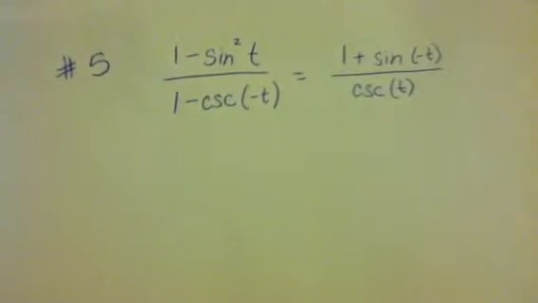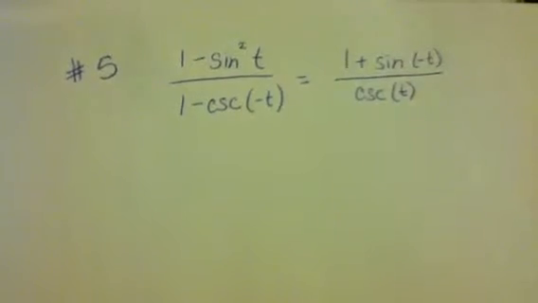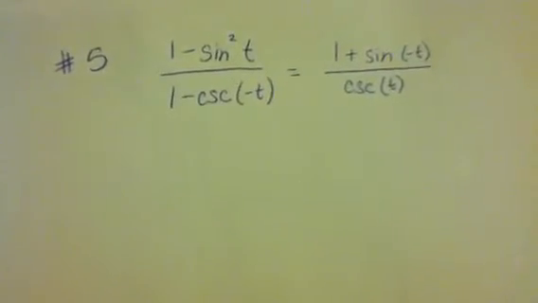So, anyway, let's go ahead and start working on the left side first. Right off, I'm not going to do anything with the top of the fraction first. I'm just going to work on that odd function issue here.